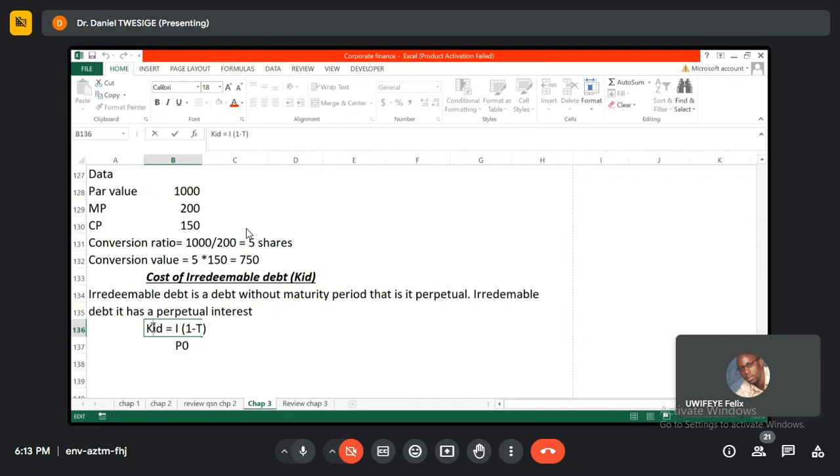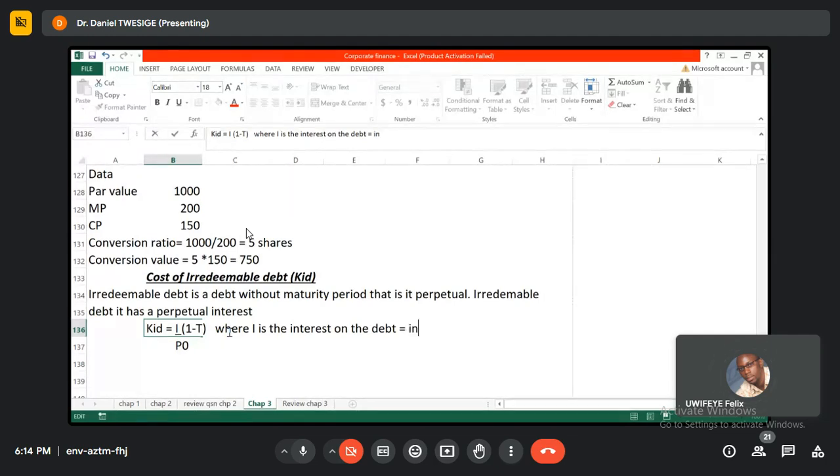Where I is the interest on the debt. How do you get this interest?